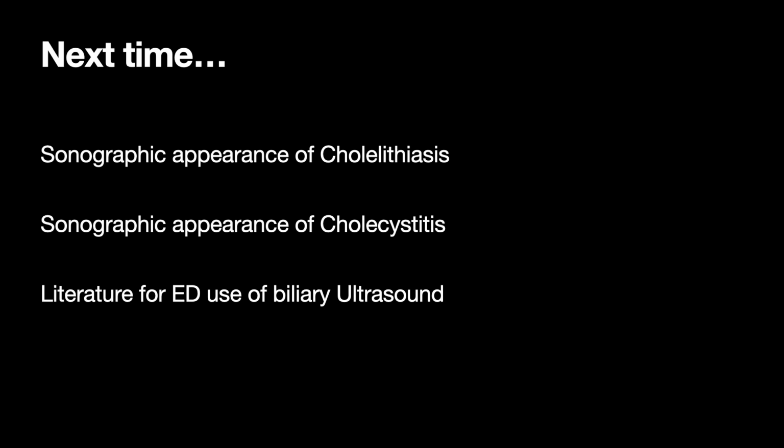And then we'll look at some of the literature for the use of ultrasound by ED physicians at the bedside, and how we compare to the gold standard of radiology, to lend support to the fact that we aren't trying to supplant radiology completely, but we're trying to use ultrasound as a screening tool to help us better identify which patients need more comprehensive imaging, or which ones we screen into another care pathway. Hopefully you can join us for next time.